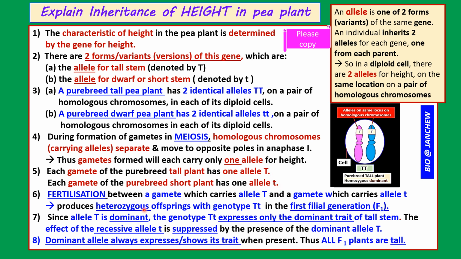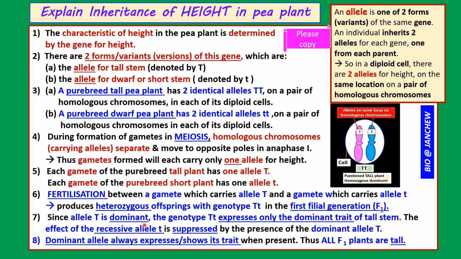And then in fertilization, you must be able to mention that the gametes will fuse together. So maybe a gamete which carries allele big T fuses with a gamete which carries allele small t to produce an offspring with genotype big T, small t in the first filial generation. All right, and also the last part is you have to be able to explain that if one allele is dominant, it will be able to express its trait in the tall plant.